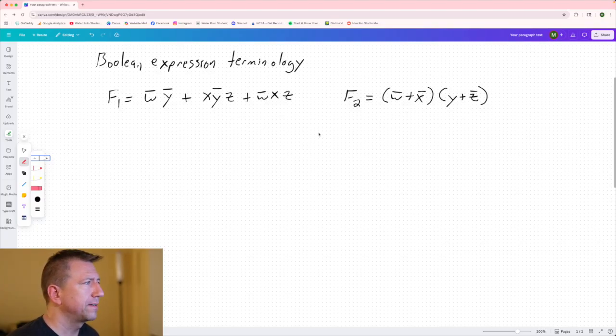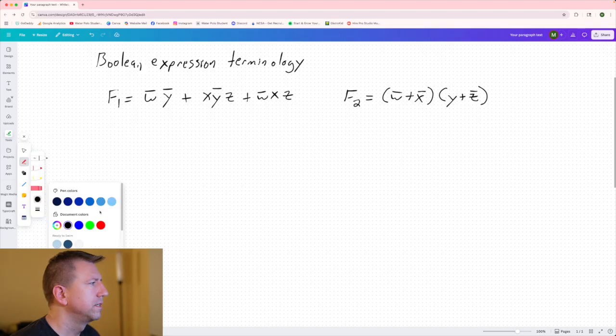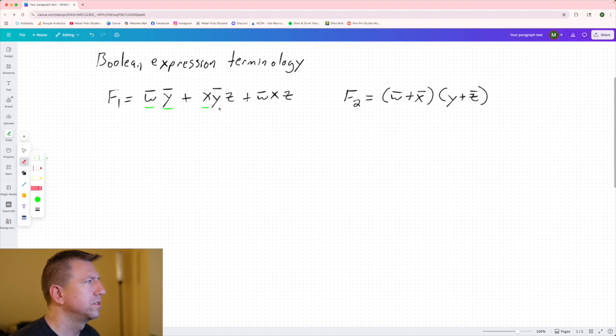So let's identify a couple of things here. First off, we can see that we have these individual instances of our variables, all these underlined green ones right here. These are called literals.